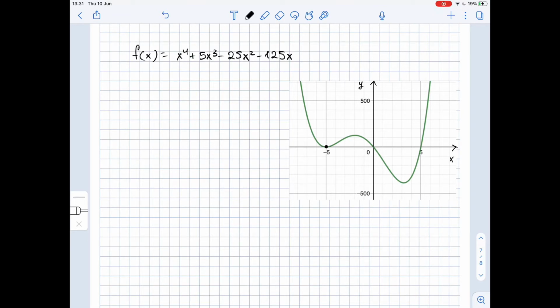So we can write down that at x equals minus 5, the graph touches the x-axis and bounces off of it. That means that this is a zero with even multiplicity.